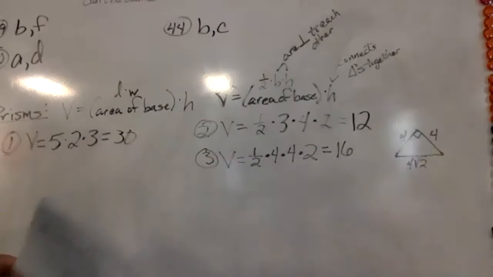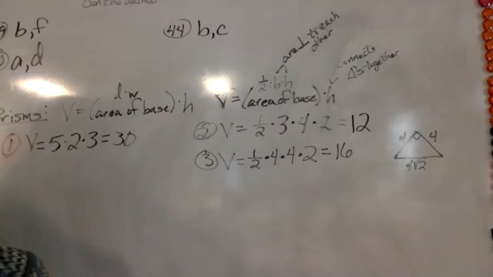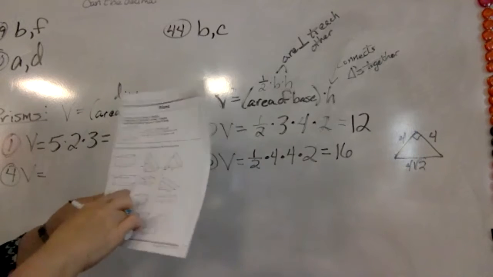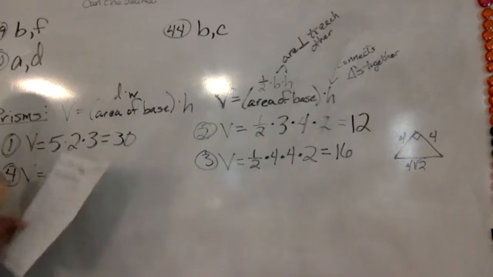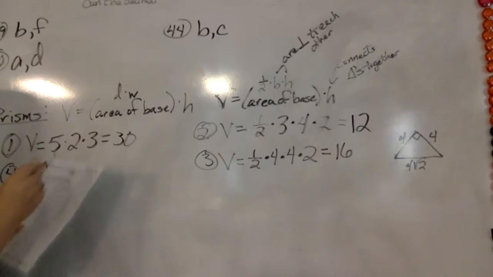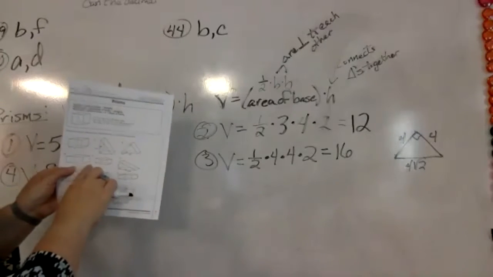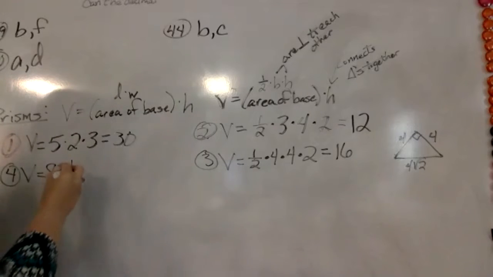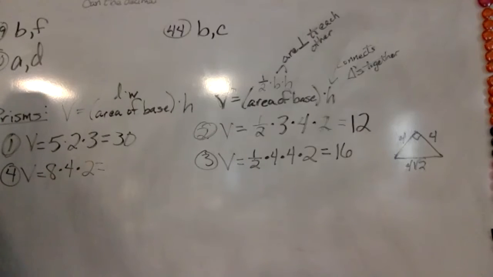So for number 4, my volume is, what is my length across the bottom of the picture? 8. My width going back is 4, and then the height is 2. So I have 8 times 4 times 2.